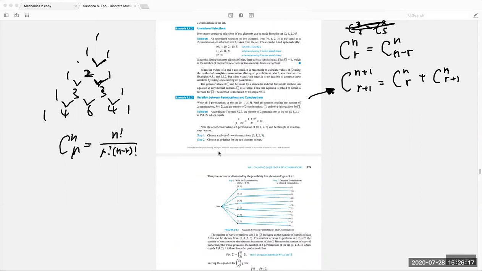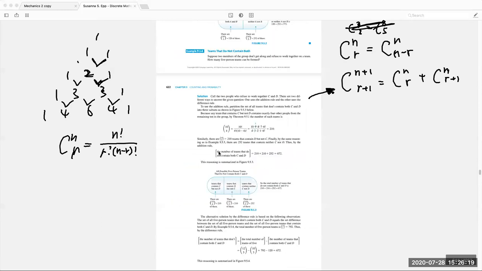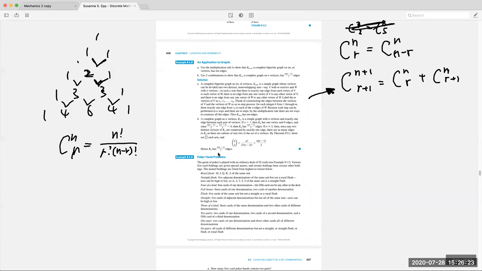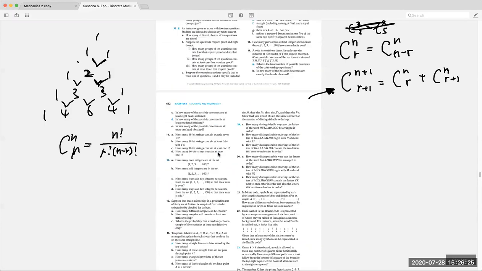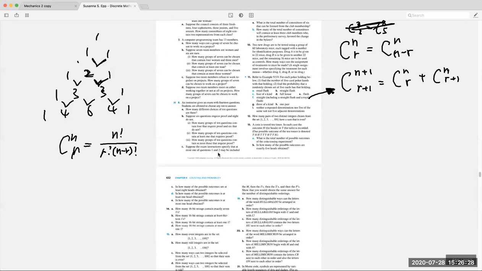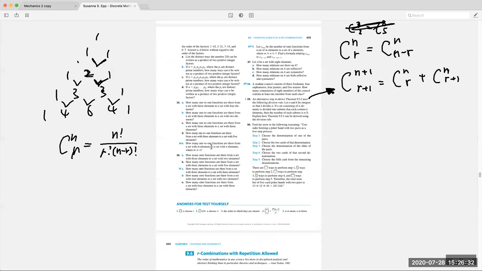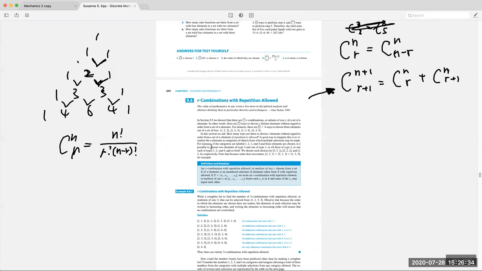After we have talked about the NCR and NPR, you can actually do the exercise here. Exercise set 9.5 to see if you are familiar with it or not.